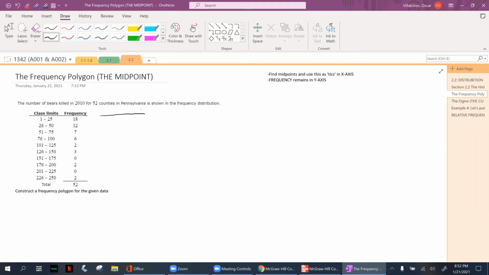So, for example, for class 1, the midpoint is going to be 1 plus 25 divided by 2. This gives me 26 divided by 2, which is 13. So my midpoint for the first class limit is going to be 13.